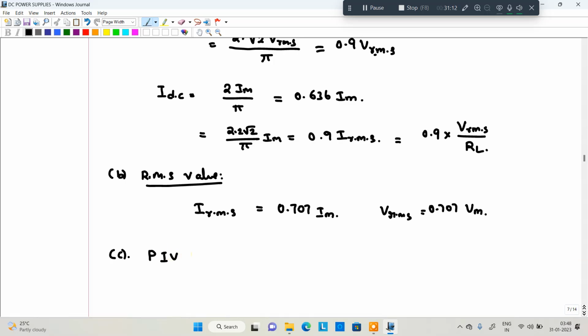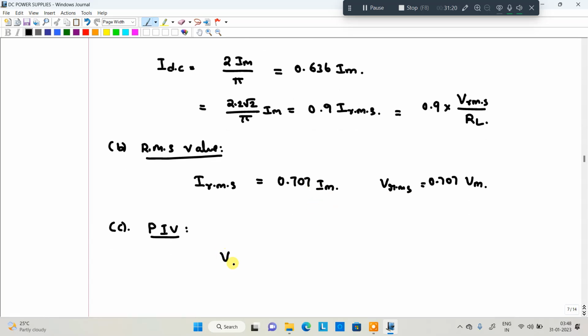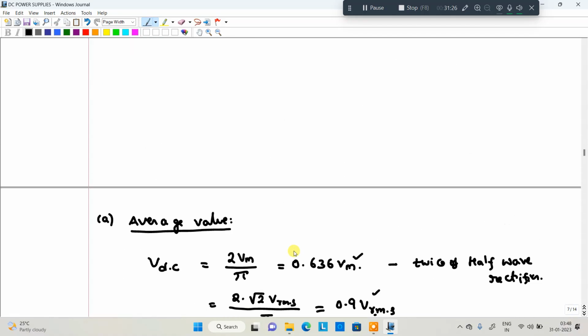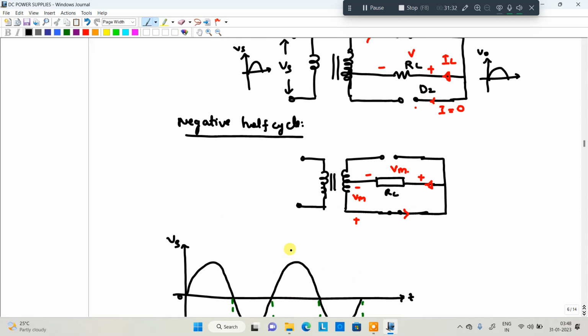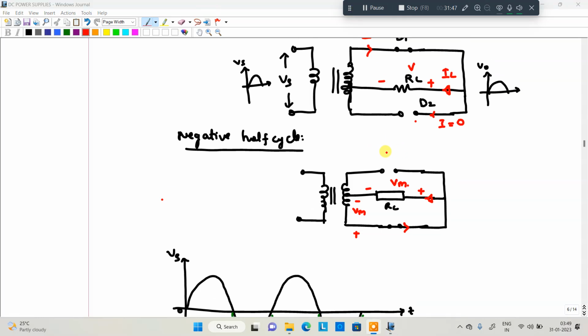Next, third one, C, PIV. Already mentioned: what is meant by PIV? Peak inverse voltage, for when our diode is reverse biased. So we'll discuss what the peak inverse voltage is. PIV is very important in the examination. I guess in the 2015 paper they asked this particular question. So in the case of D2 or D1, we can analyse the output, the open circuit voltage.